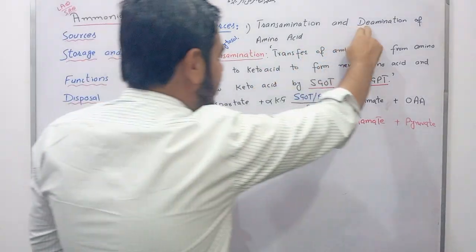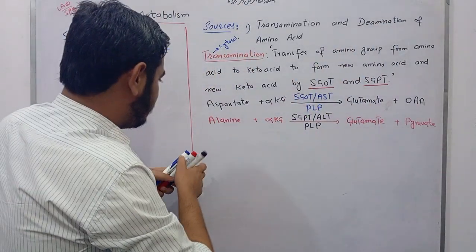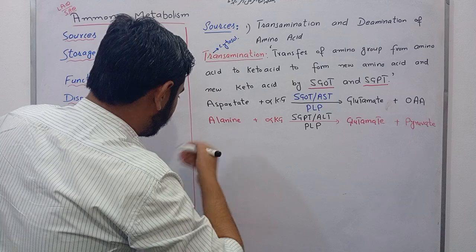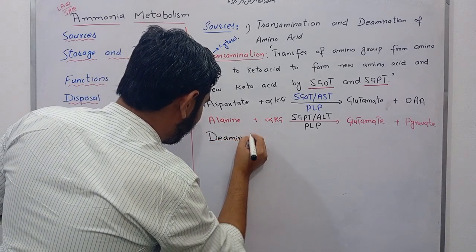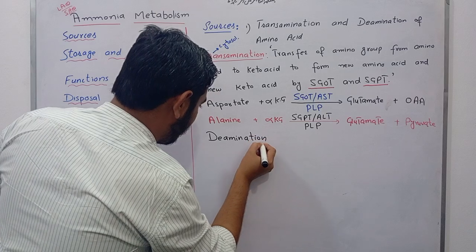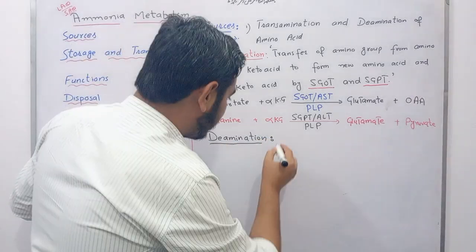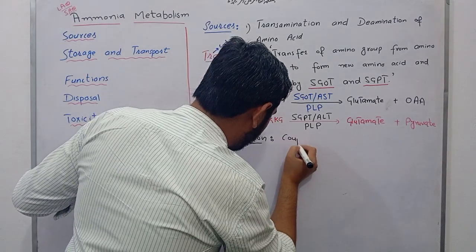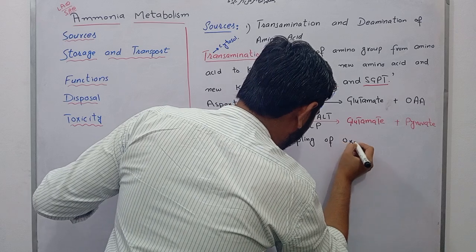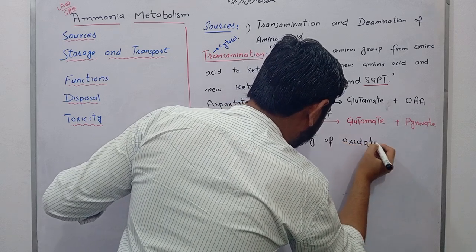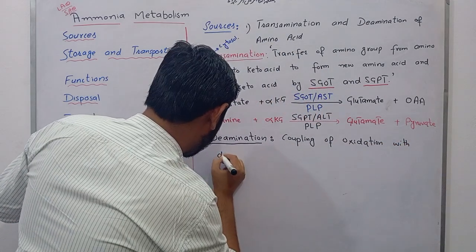Now coming toward the deamination of amino acid. We can say that oxidative deamination. The definition is the coupling of oxidation with deamination.